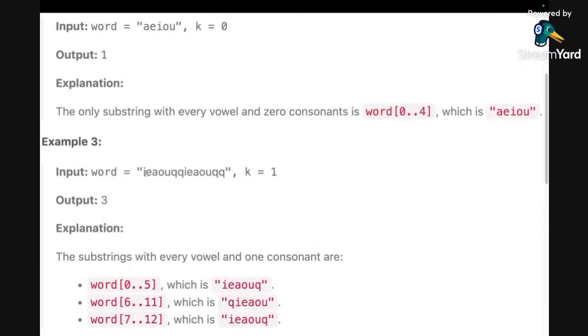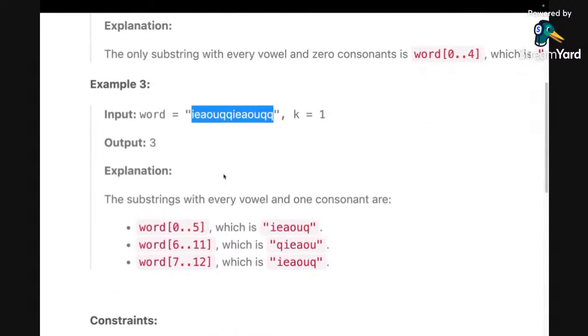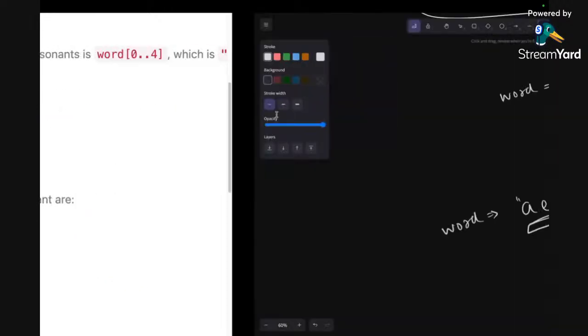And then there is another example. This is a big string, and k is equal to 1. The explanation tells us that there are three valid substrings. Maybe I can just copy and show this.